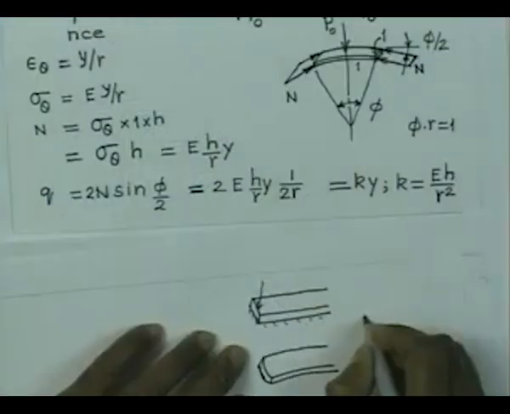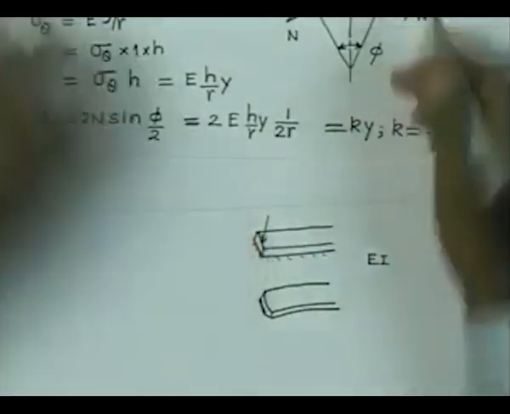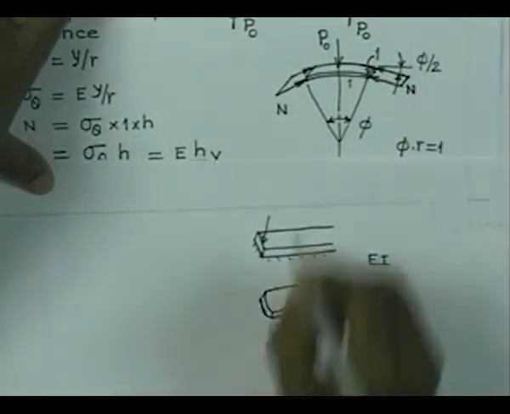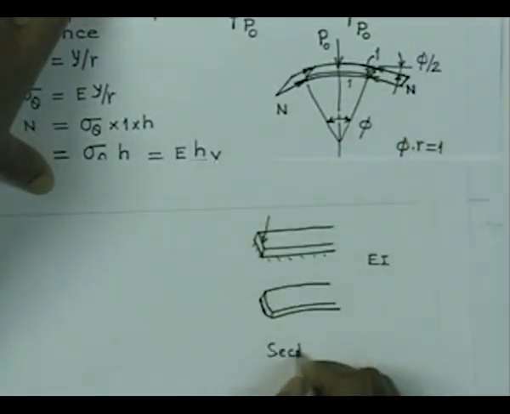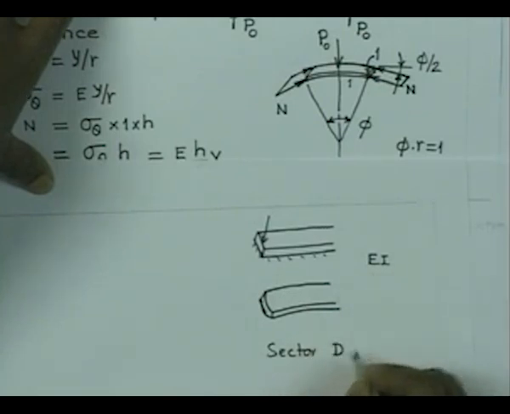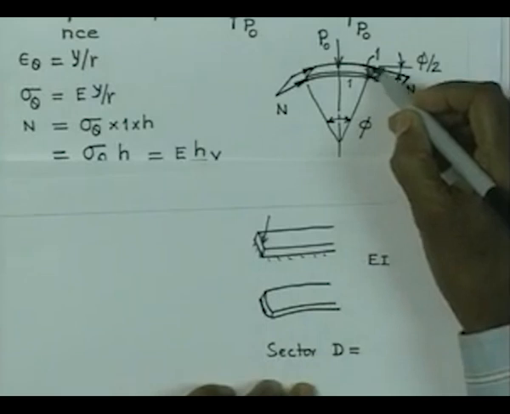In the case of a beam, we express the rigidity by EI, but for a sector like this, you have to treat it like a portion of a plate, and therefore EI has to be substituted by D, the modulus of rigidity for a plate of width equal to unity and height equal to h.